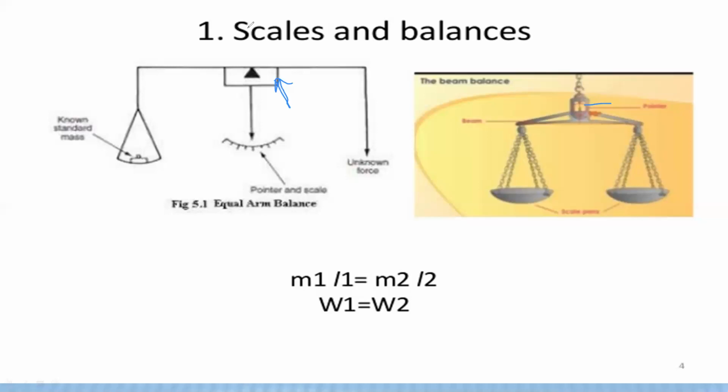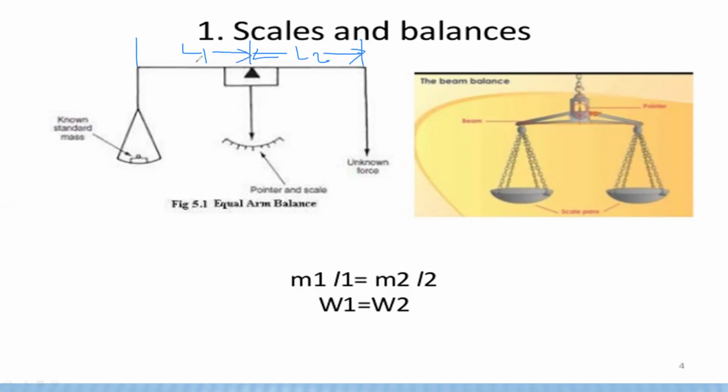The equilibrium condition exists when the clockwise rotating moment equals the anti-clockwise rotating moment, that is mass M1. You can see it is one condition. I can divide it; this acts as L1 and this acts as L2.